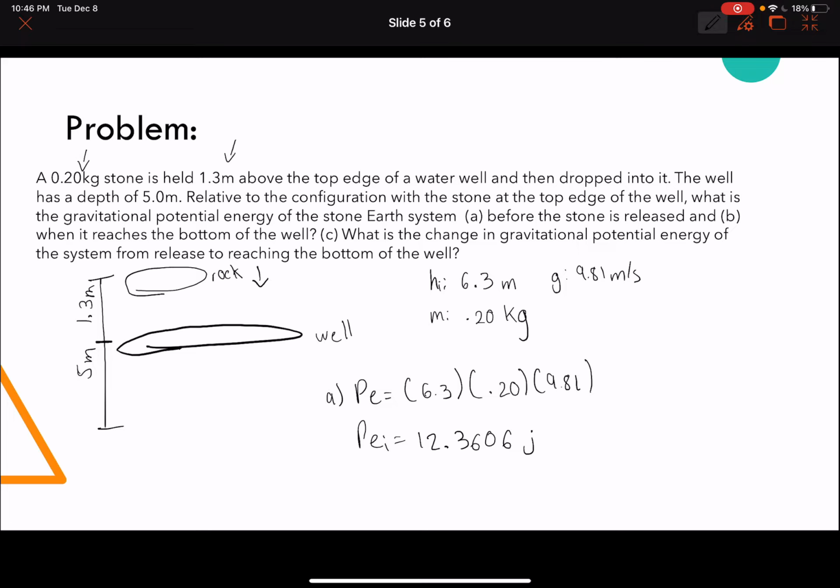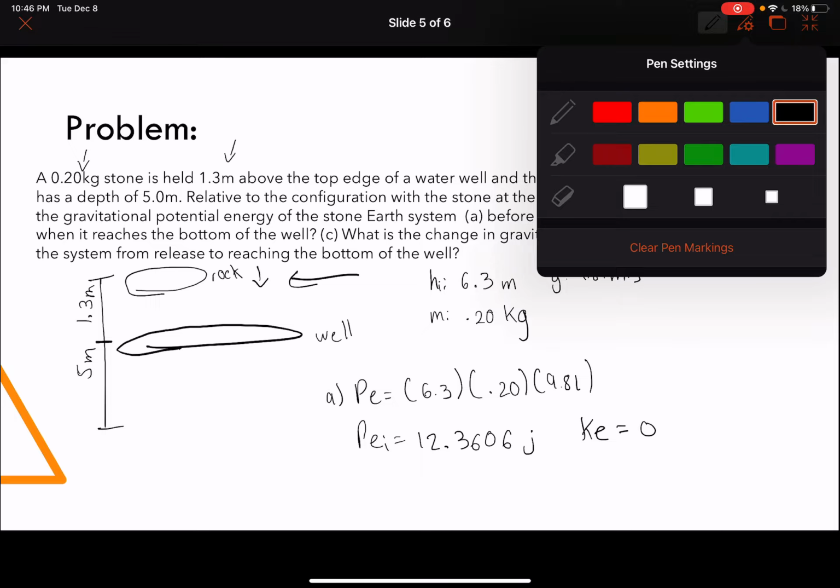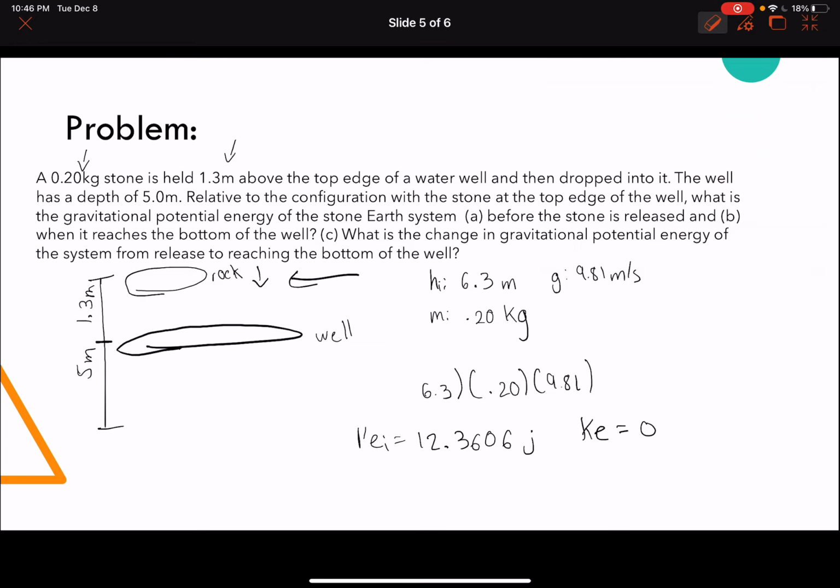So when the rock is not moving, right here at the top, it has a stored energy of 12.3606 joules. And of course, since the rock is not moving, the kinetic energy of the rock is just going to be 0. Okay, so that's for part 1. Let's just keep it there.